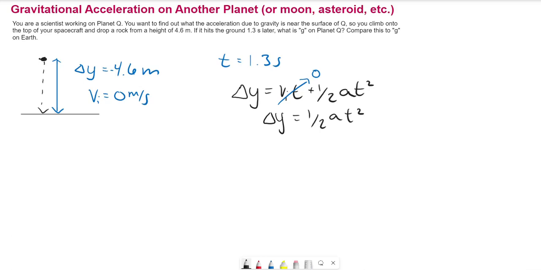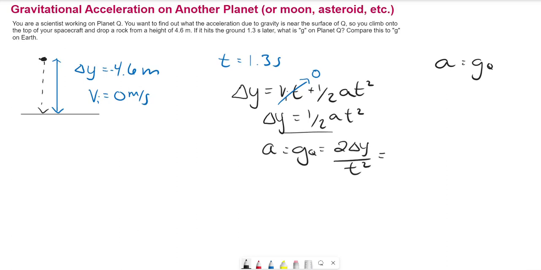So we just want to solve for the acceleration because this is our g for this planet. We'll call it gq. Solving for the acceleration, which equals g, we're just multiplying both sides of this equation by 2 and dividing by t squared. So that's 2 times delta y over t squared.